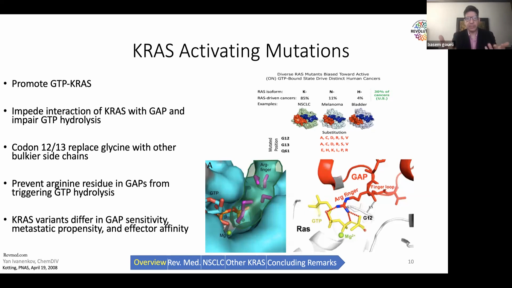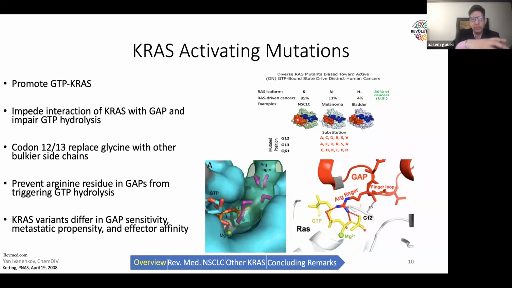KRAS has some intrinsic activity where the GTP is basically hydrolyzed to GDP. And so you get KRAS GTP to KRAS GDP just based on the intrinsic activity of KRAS itself. But these mutations not only impede that process, but they also impede the association of the GAP, the GTPase activating protein, with KRAS GTP.